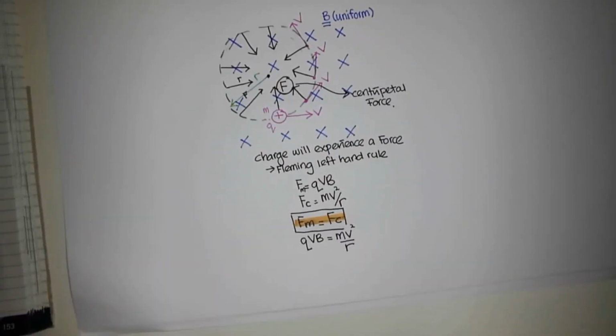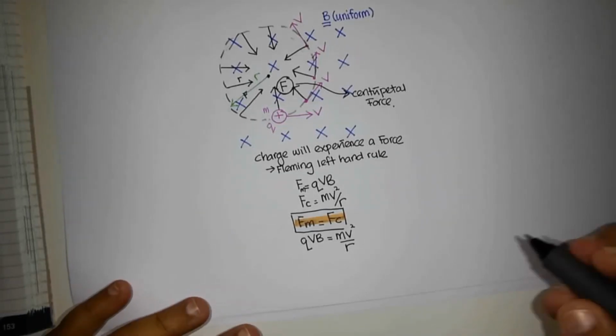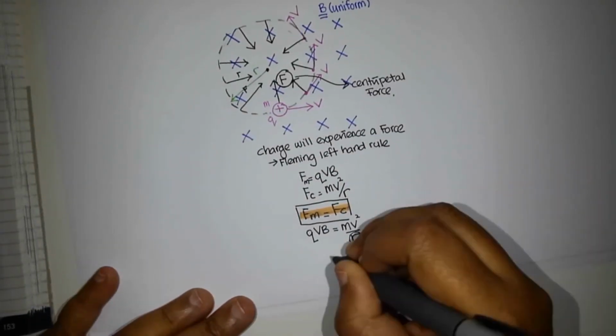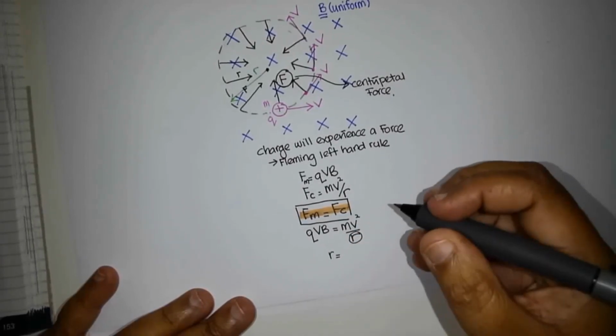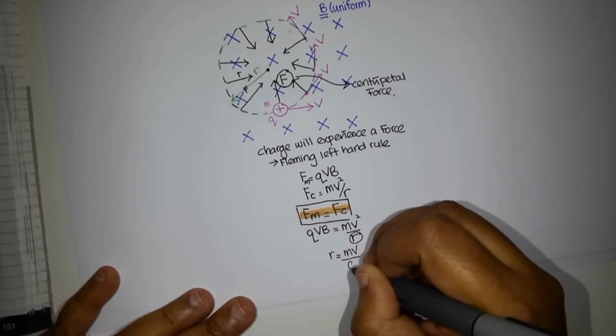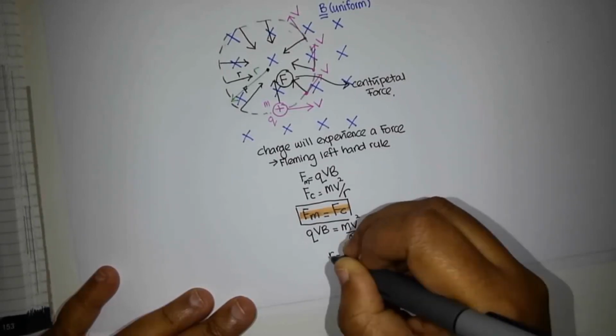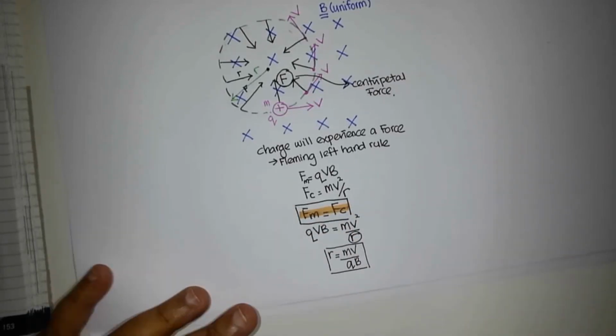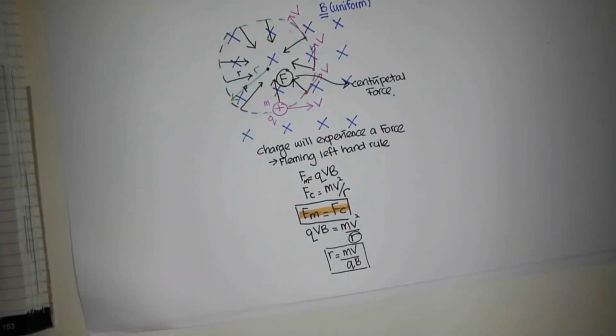From the concept, the radius R will be mv over qB. You solve this, you get R equals mv over qB.